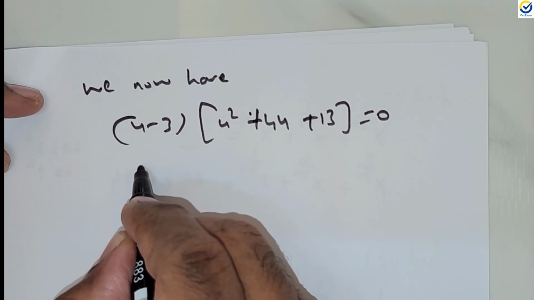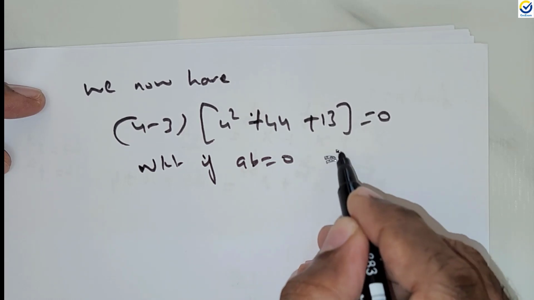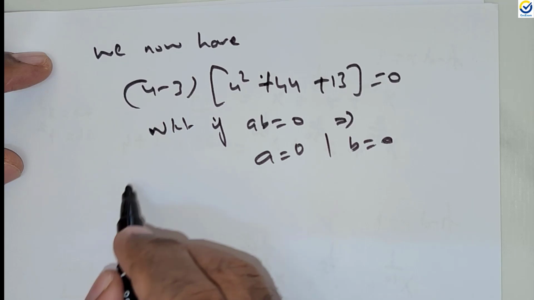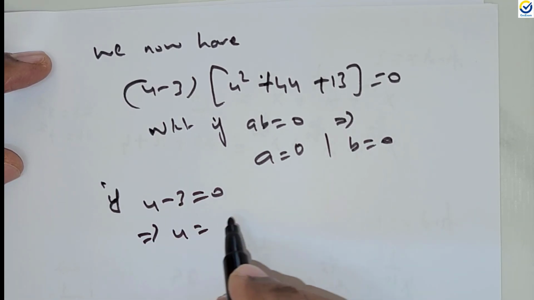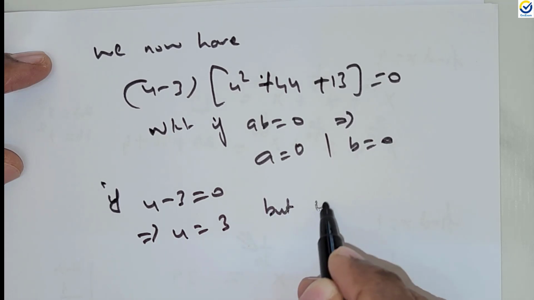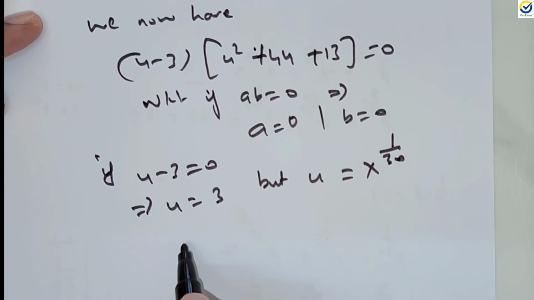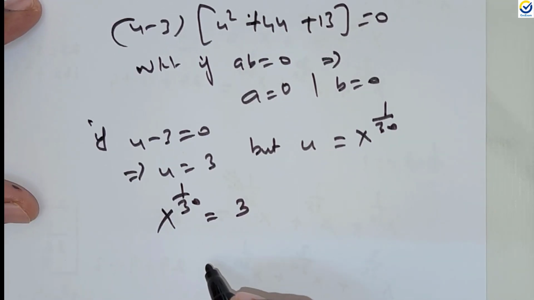So from the law of products we know that if AB is equal to 0, either A is equal to 0 or B is equal to 0. In this case, if u minus 3 is equal to 0, this means u is equal to 3. But my u is nothing but x raised to the power of 1 over 30. So x raised to the power of 1 over 30 is equal to 3.